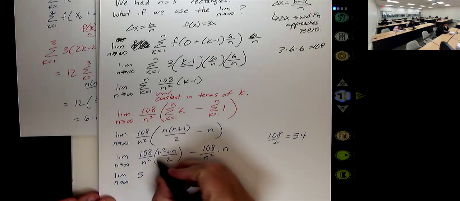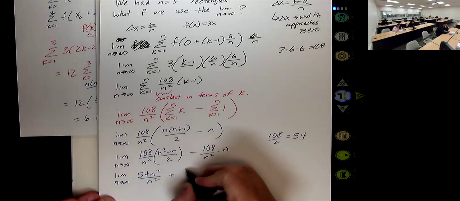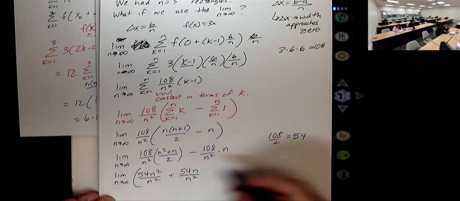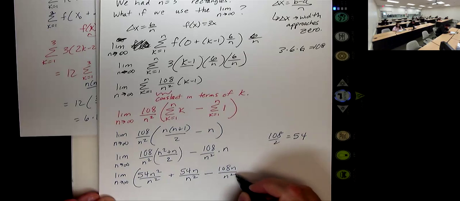So I can split this up: this is 54 n squared over n squared, plus 54 n over n squared, minus 108 n over n squared.